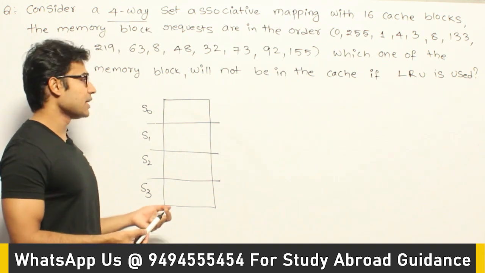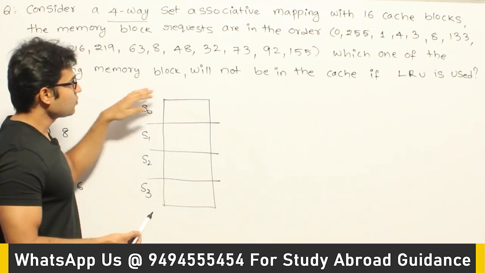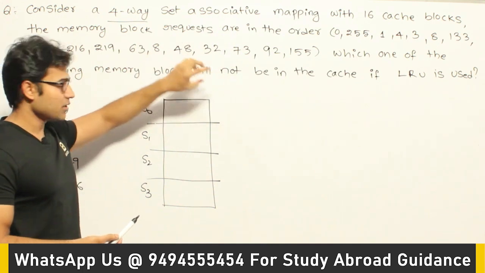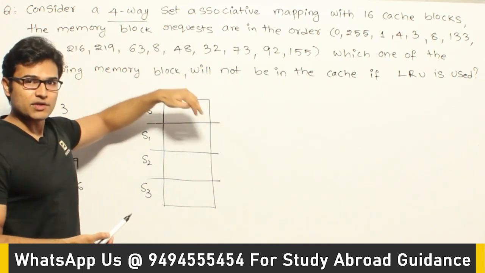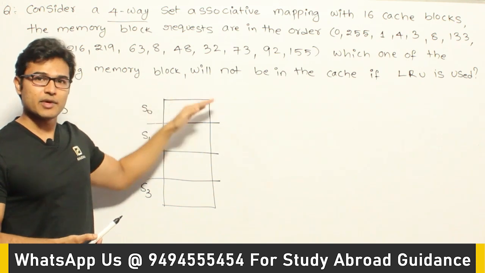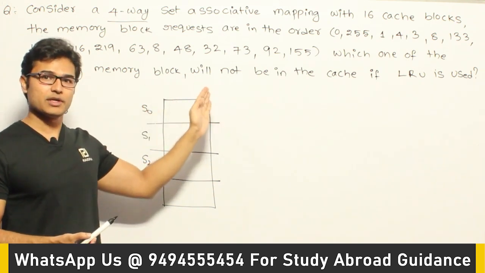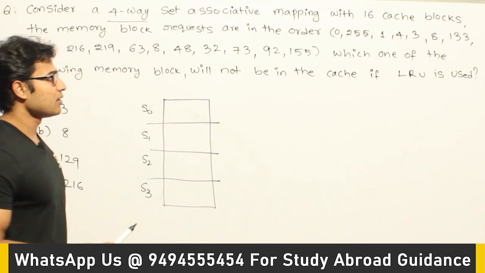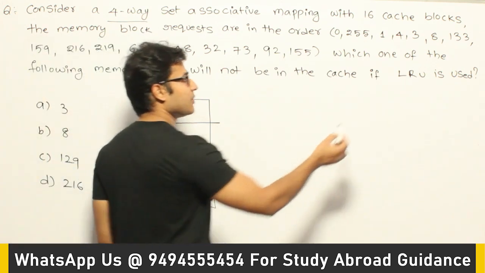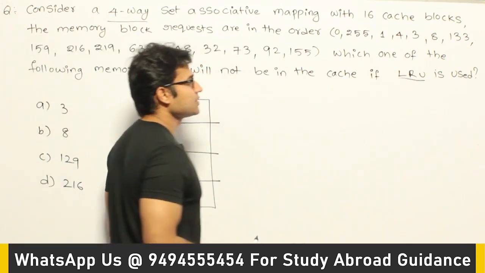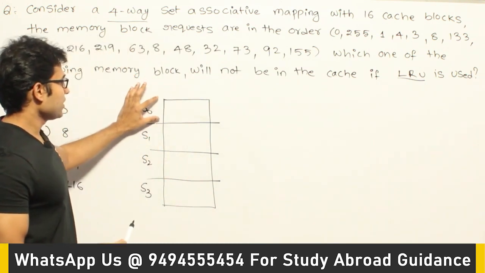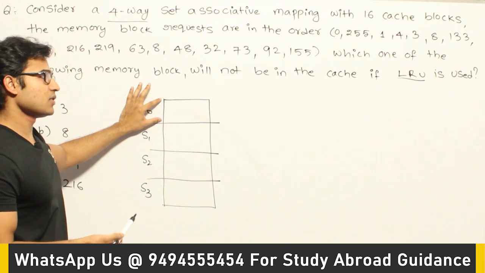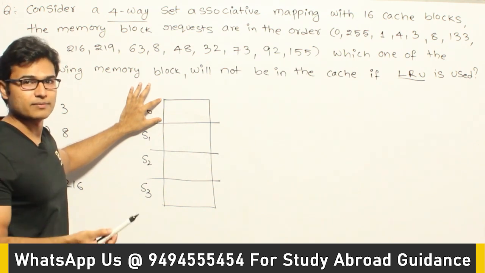One mapping is direct mapping, which is used to get the memory block into the corresponding set, and once you reach the set you have to use another mapping to get it into the corresponding cache block. But here the method given is LRU, which means whenever the entire set is full, you have to use LRU to replace one of the cache blocks with the new one, right?